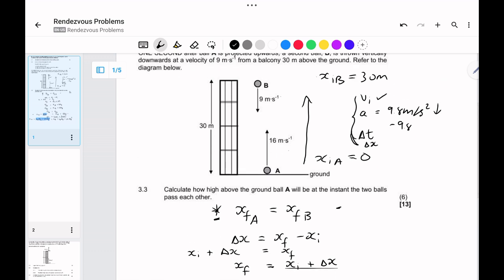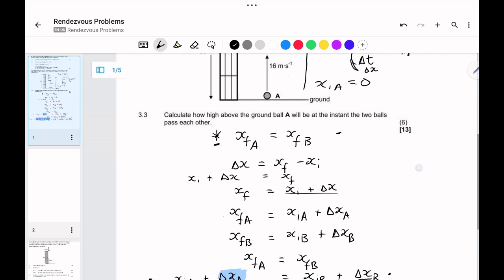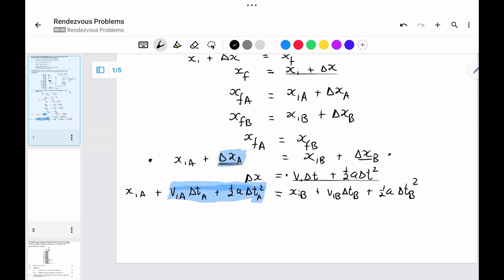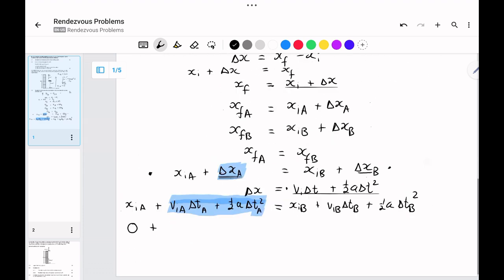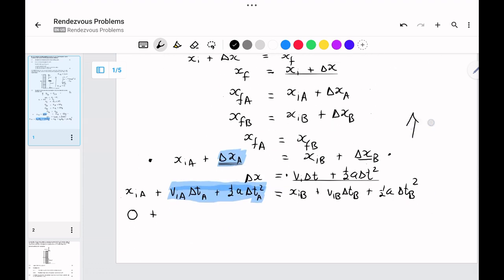Let's just remind ourselves, what are we trying to do? We're trying to calculate how high above the ground ball A will be at the instant the two balls pass each other. They're going to pass each other somewhere, we're not sure exactly where, and that's what we're trying to calculate. So we said the initial position of A is 0 plus, remember, up is positive.